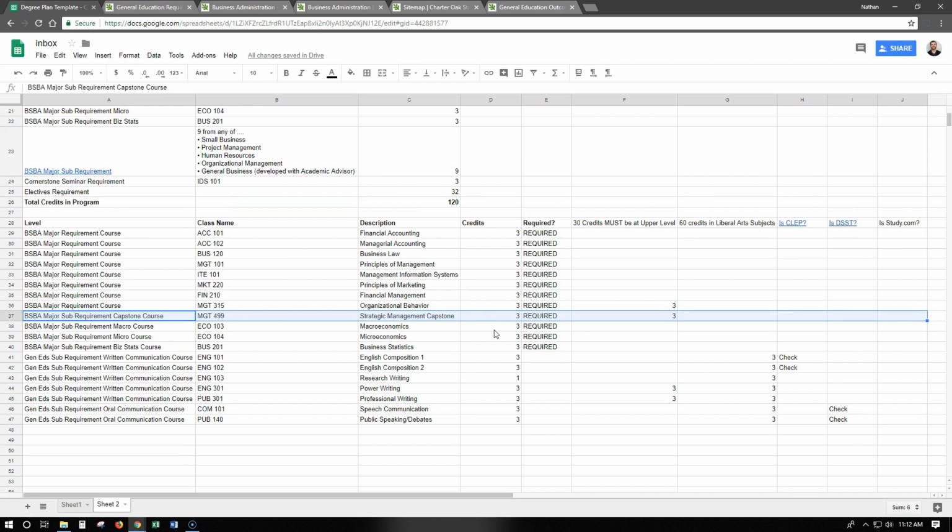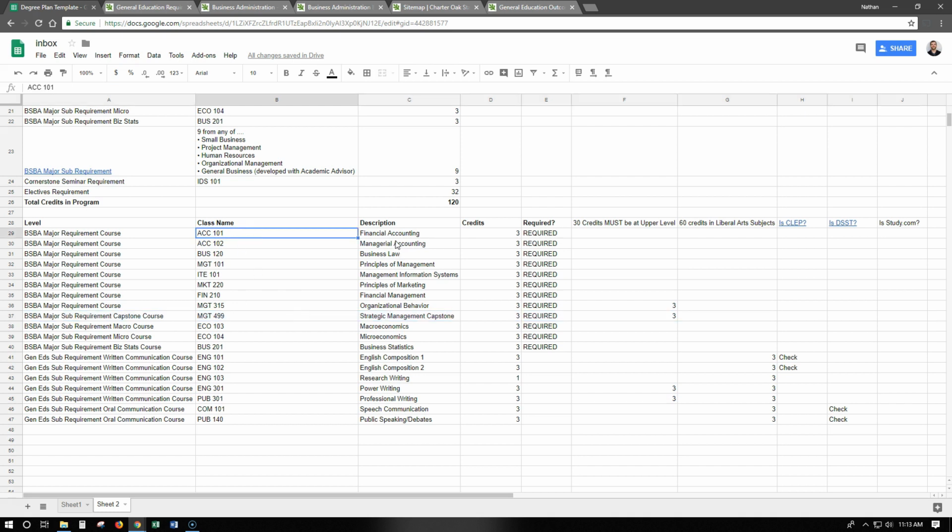Two side notes here. The first one is that when you are creating a spreadsheet, one of my rules for spreadsheets is that data must be sortable. And what that means is do not put ACC 101 financial accounting into one cell.